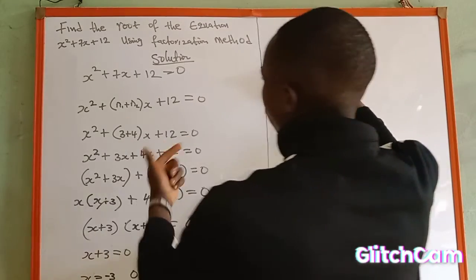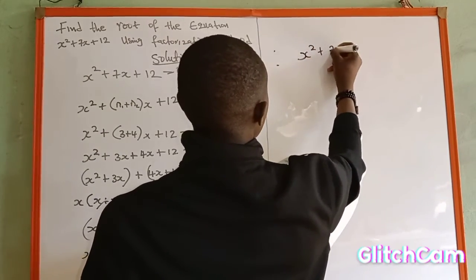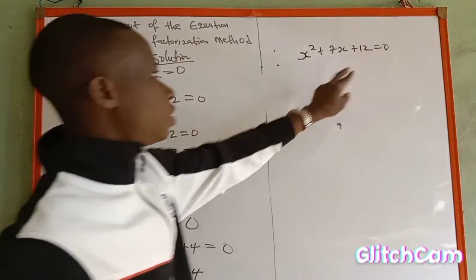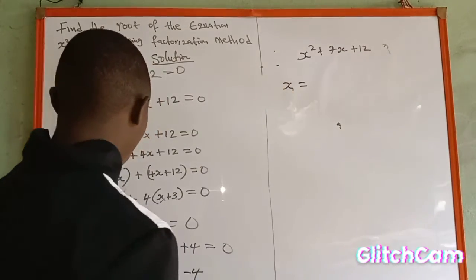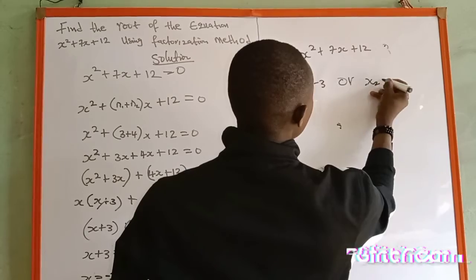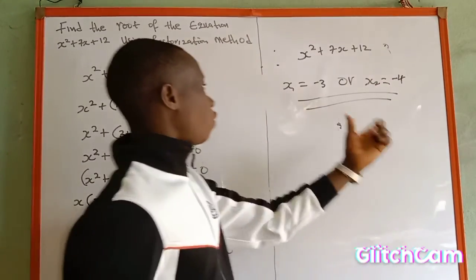Therefore, the root of this equation, s squared plus 7s plus 12 equal to 0, is s1 equals minus 3, or s2 equals minus 4. So this is the root of this equation.